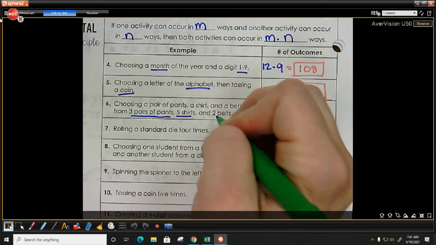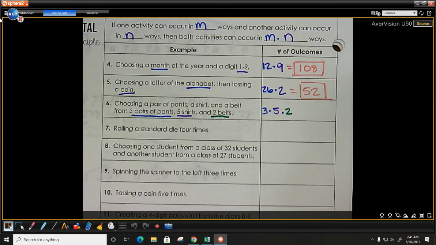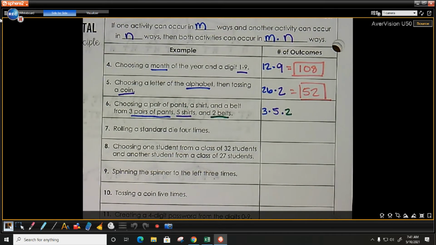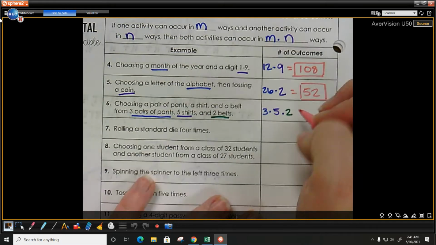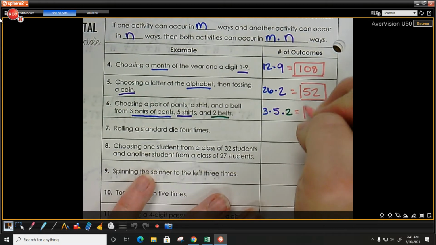So can it work with 3 things? Yes, you're just multiplying now by the number of options there are for the third piece. So 3 times 2 times 5, 30 options, 30 combinations.